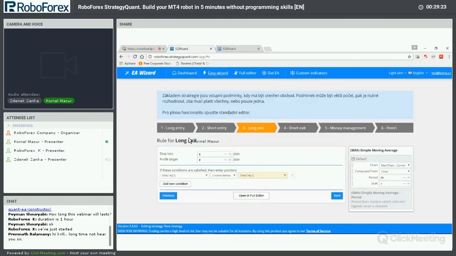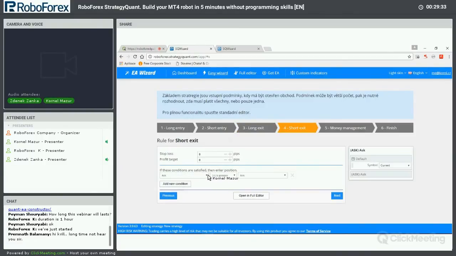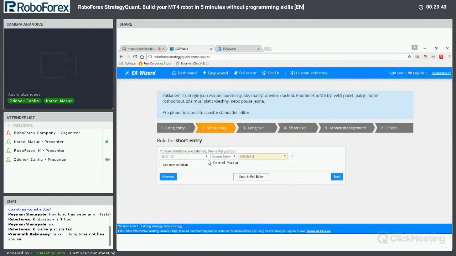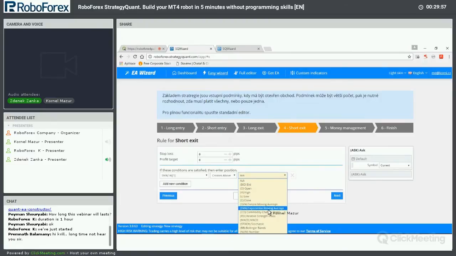So now we have a long entry, short entry, long exit, and we can continue to the short exit. And the short exit is similar, but the opposite. So we again choose the simple moving average and the cross above, because we open the short entry when the fast simple moving average crosses below the slow, and we close this short position when the fast goes above the slow.